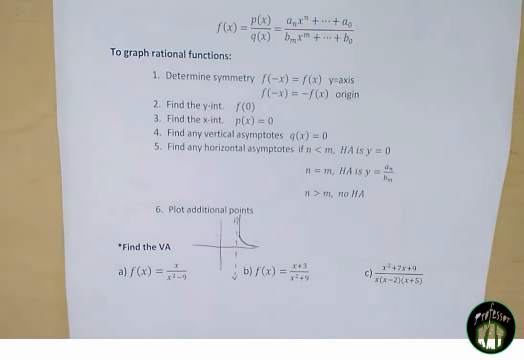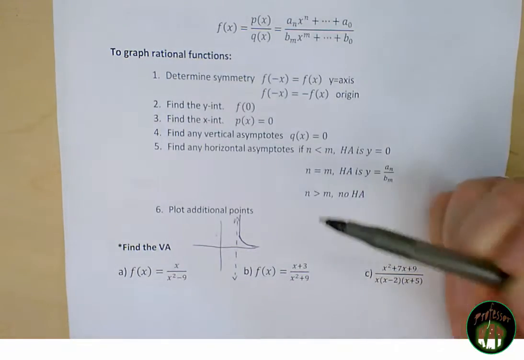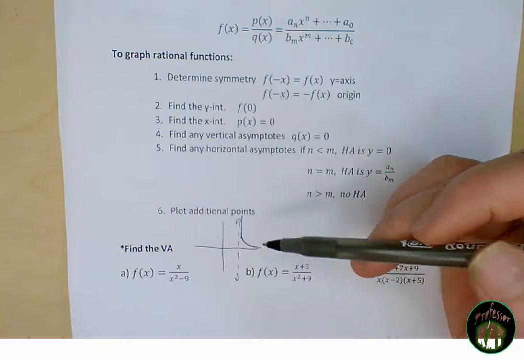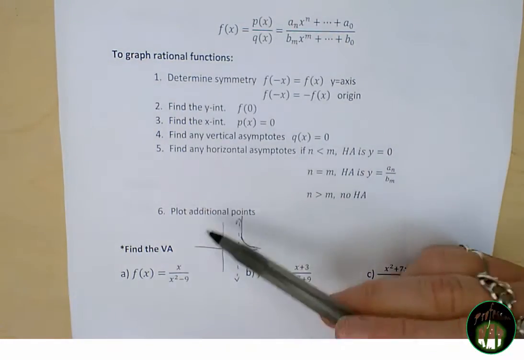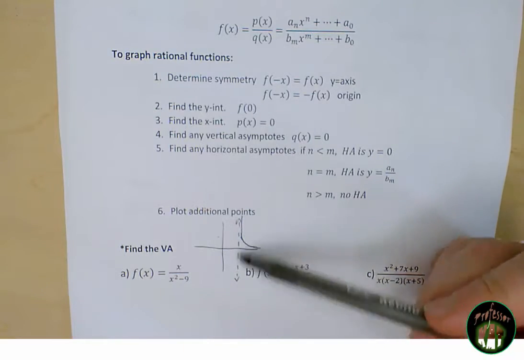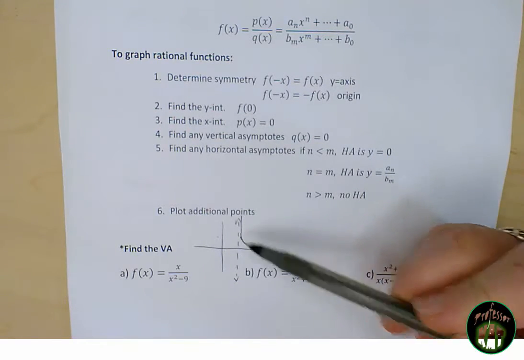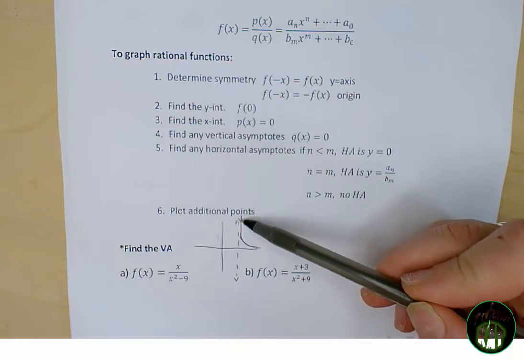Every once in a while, we do have examples that don't follow the norm, which is why I always say, for the most part, this is what it'll do. There are some examples where you would cross asymptotes, but your most common cases are going to be something like this. I think of them as magnets. Your graph wants to be near it, but it's always just going to hug it and be next to it.